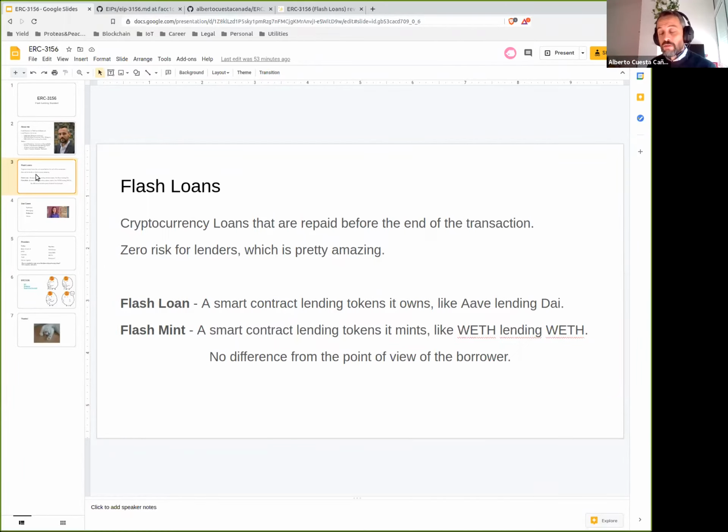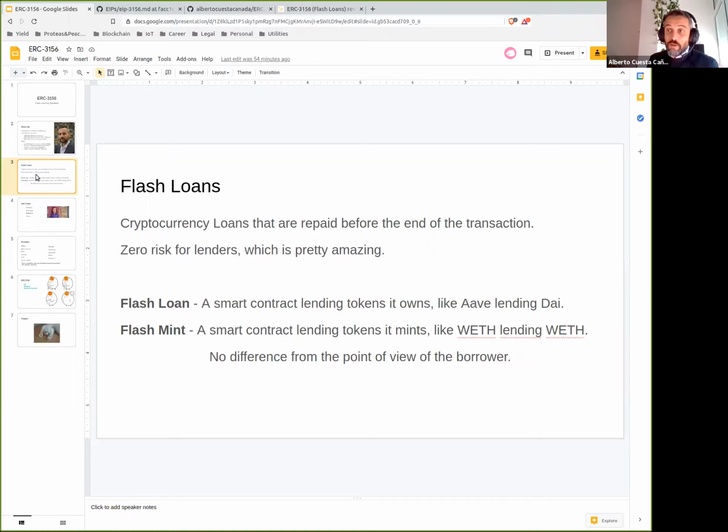That's a flash loan. There is also flash mint, which is when a contract itself can mint the token, for example WETH, and it can actually flash lend that token that it can mint. So I am the wrapped Ether contract, and I offer a flash lending solution.